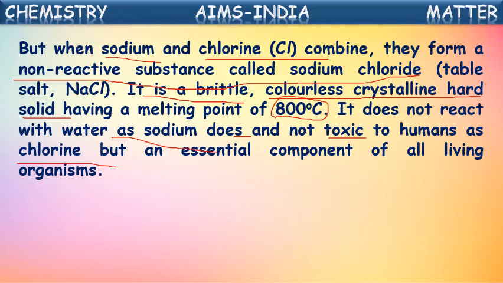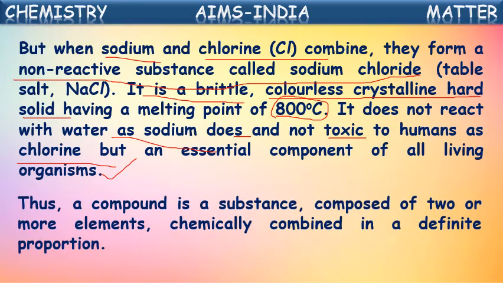By combining these two, we get a different product with different properties and characteristics, but an essential component of all living organisms. It is not toxic, it is not highly reactive, it is just a very important compound.